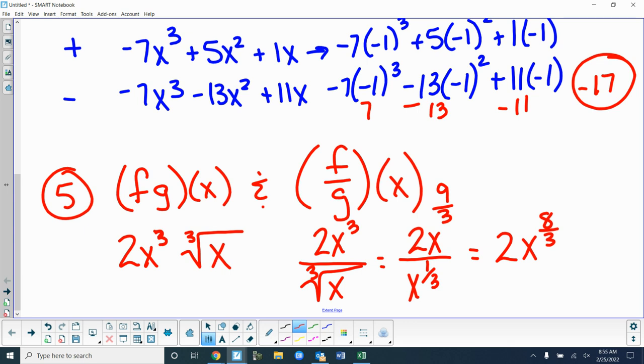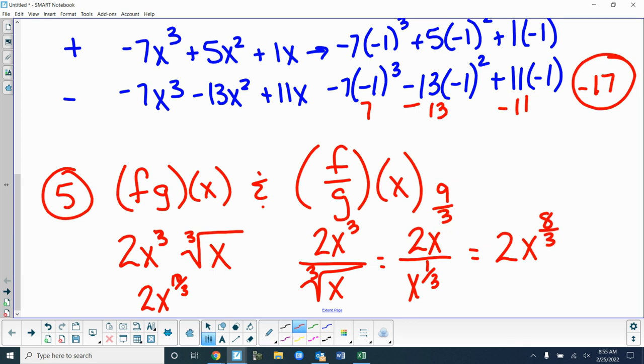We could also simplify it this way too. If we wanted to make that 1/3 and add, so it'd be 9/3, be 10/3, right? Because that's 9/3 plus 1/3. Then we got to plug in a number.